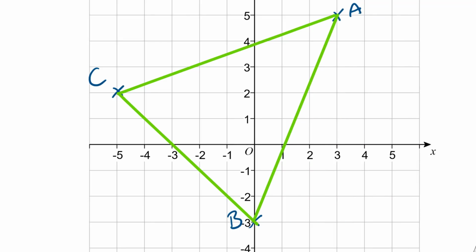Okay. Well, it doesn't look like a right angle triangle. It could be an isosceles triangle. It looks a bit like an isosceles triangle. It looks like that length there is the same length as that one. How can we check?